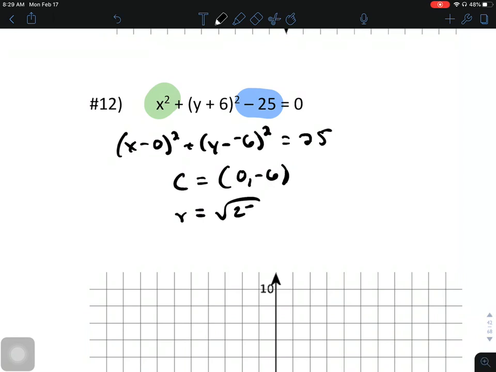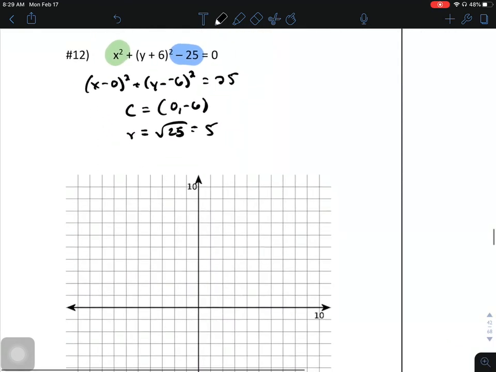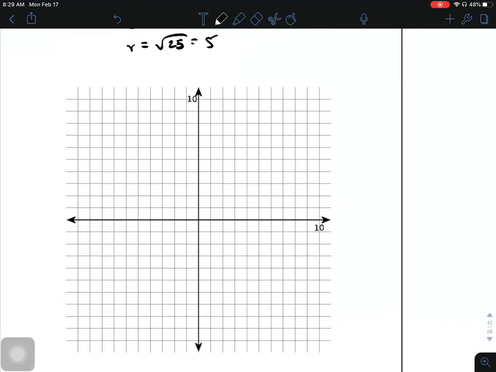I'm in trouble with my 5s today, which is 5. So we go from the origin down 6, 1, 2, 3, 4, 5, 6. Then you count to the right, it says the radius is 5, 1, 2, 3, 4, 5. Count to the left 5, count up 5, down 5.